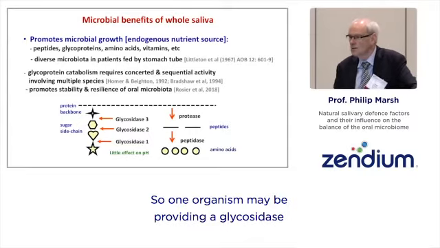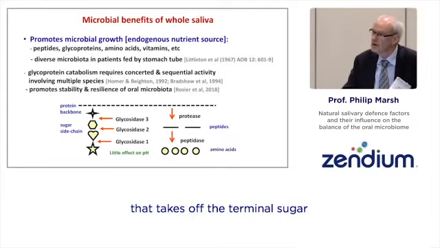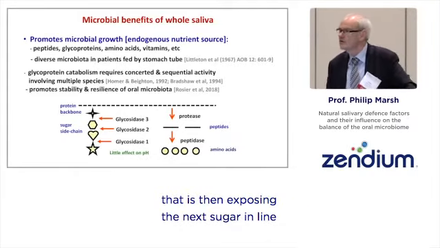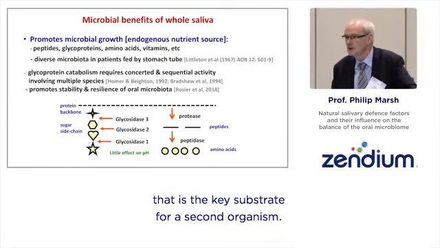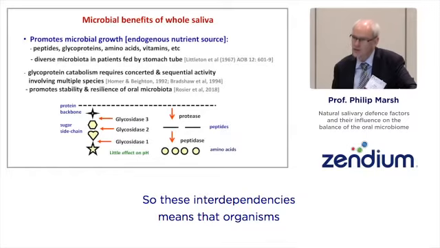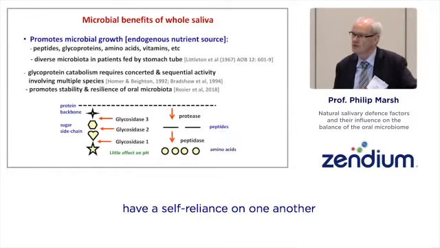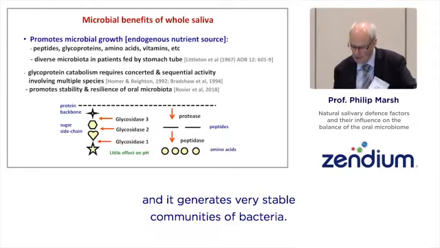One organism may be providing a glycosidase that takes off the terminal sugar that is then exposing the next sugar in line that is the key substrate for a second organism. These interdependencies mean that all organisms have a self-reliance on one another, and it generates very stable communities of bacteria.